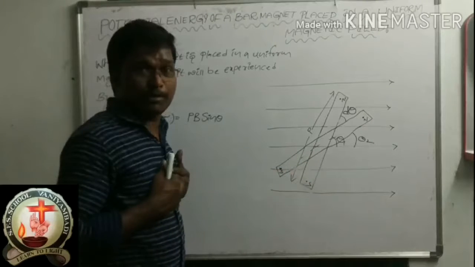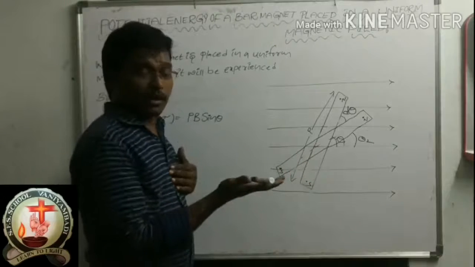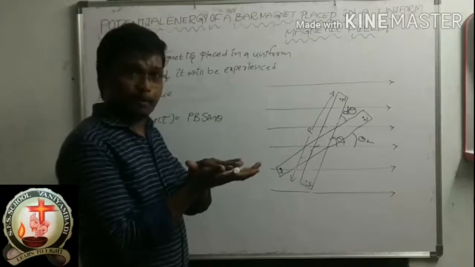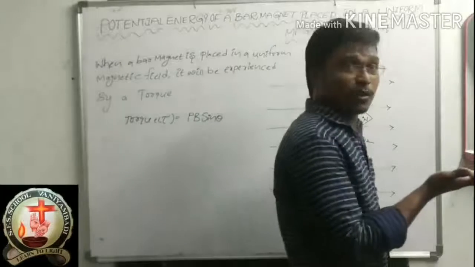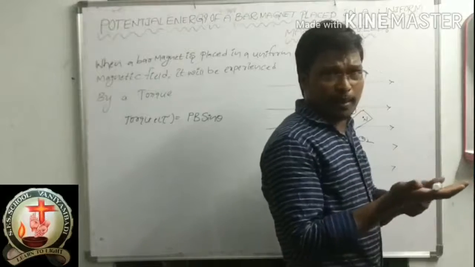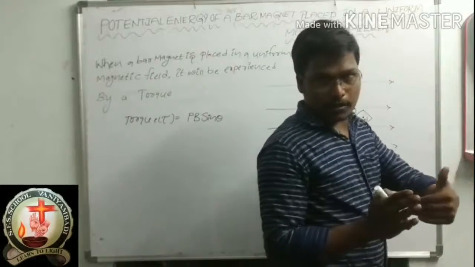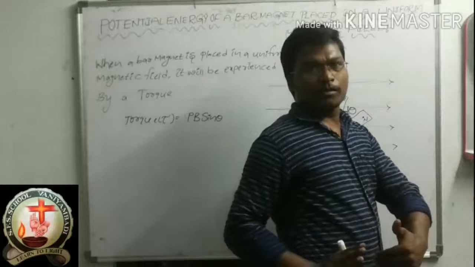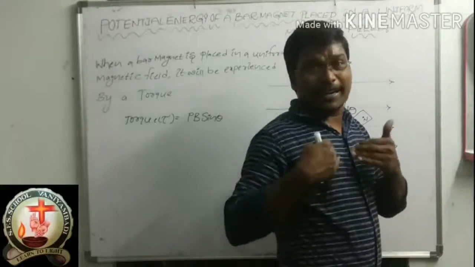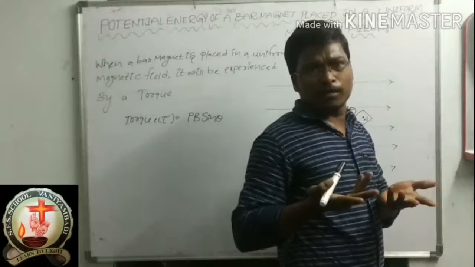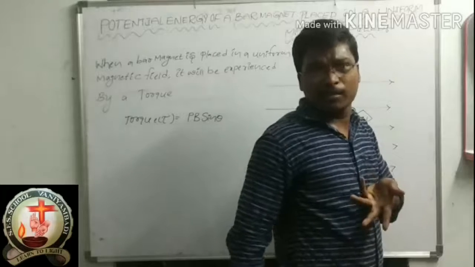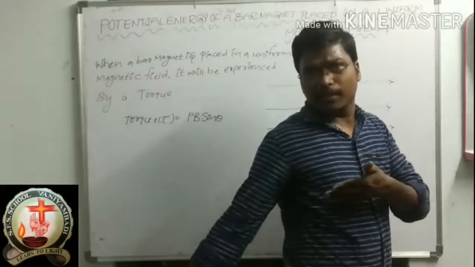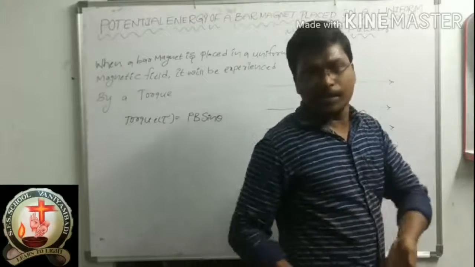Now I am standing here simply, with a pen in my hand. I move the pen from here to here. What is happening here? Some work is happening, no? I displaced some distance from there to here, so I did some work. Initially I am there, and after some time I reached here.